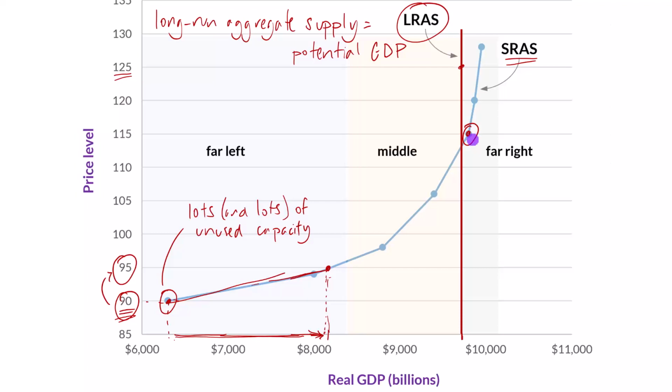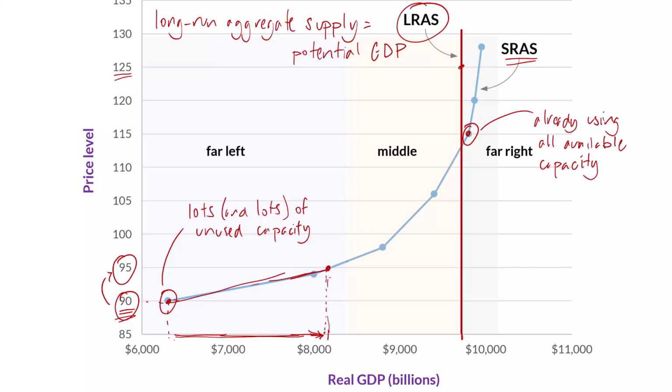So that gets us a little bit above potential GDP. So at this point here, we're using all available capacity. Workers can work overtime if they want, and that's what's getting us, let's say, a little bit above potential GDP.